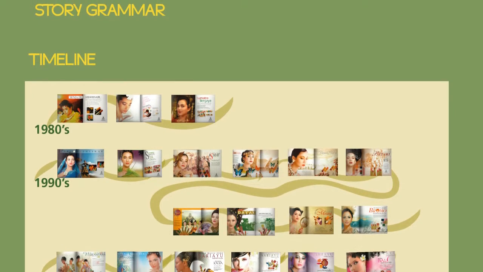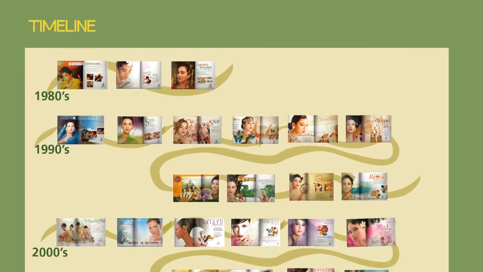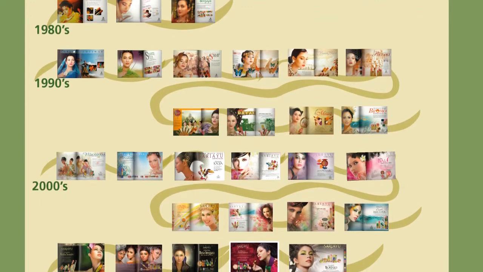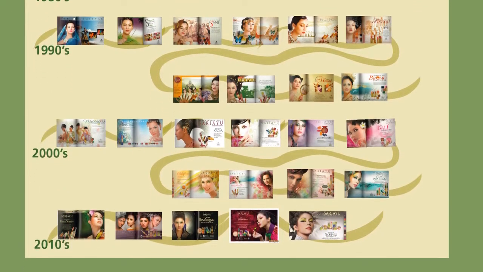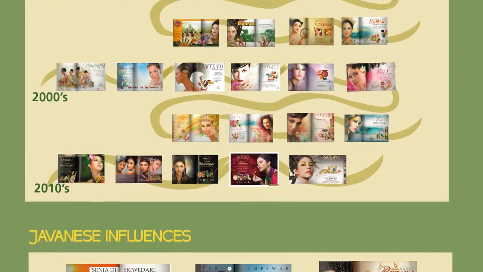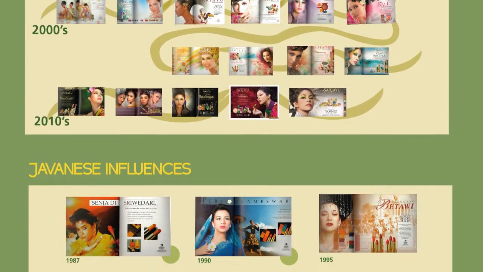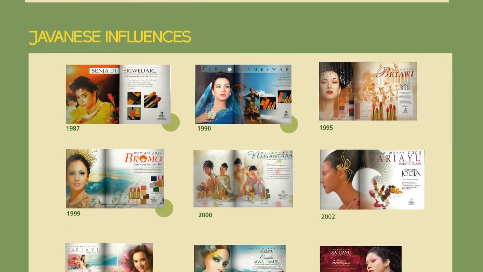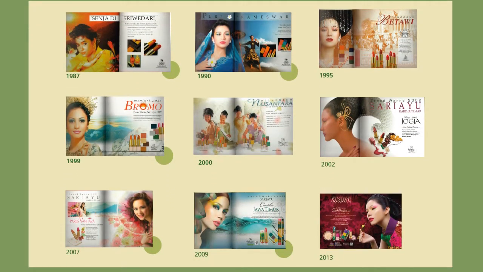Now we can talk about the story grammar. As you can see in the timeline, there are 27 themes overall, and Sari Ayu featured culture or sites from Java 9 times, in years 1987, 1990, 1995, 1999, 2002, 2007, 2009, and 2013.